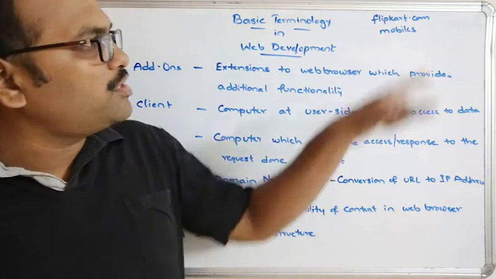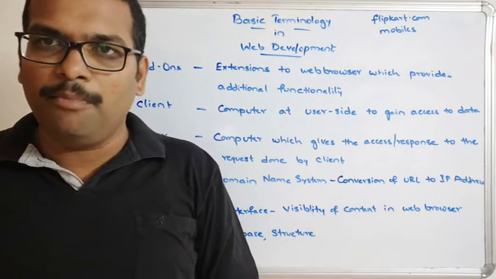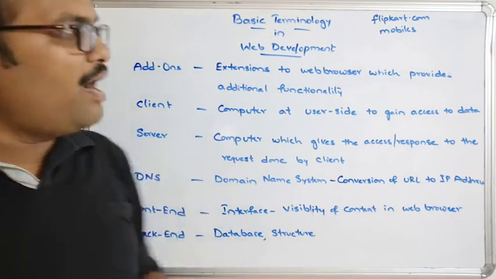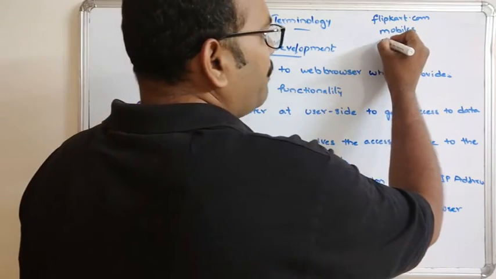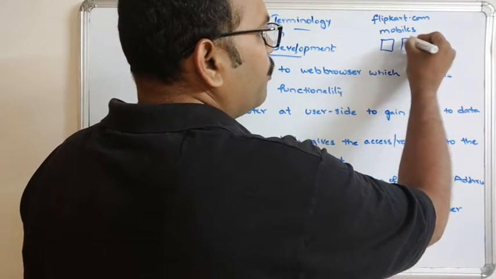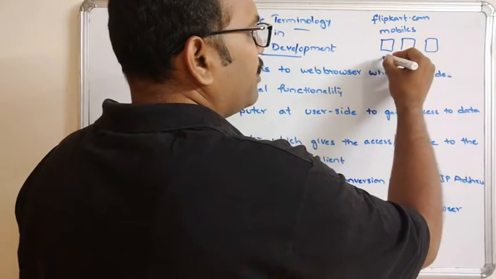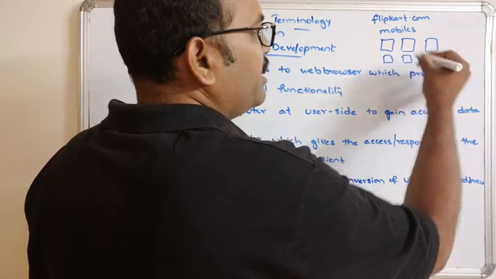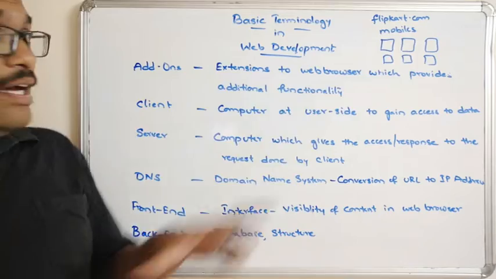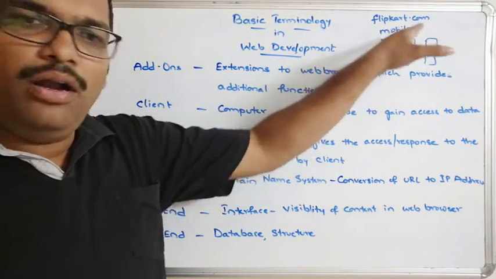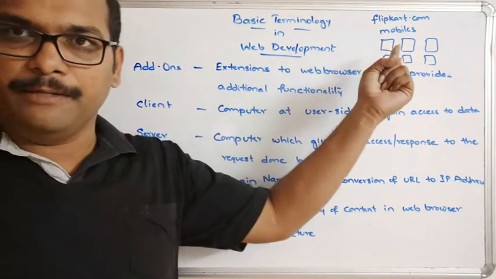There you can browse the mobiles. I just want to browse mobiles. Immediately after entering this, we'll get a web page with all different mobiles, displayed in this format. Every mobile will be displayed in this way. So this part is called the front end because this is the visible part.